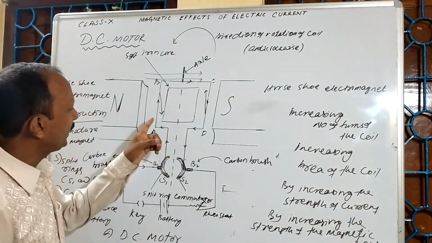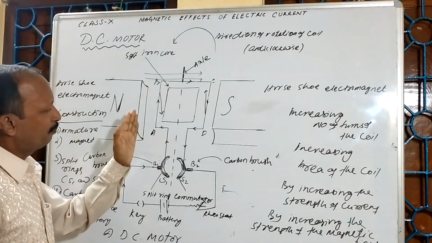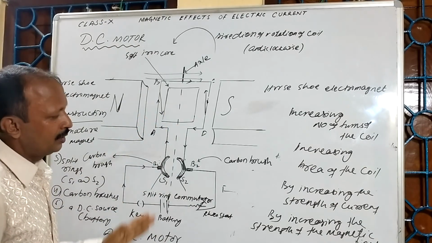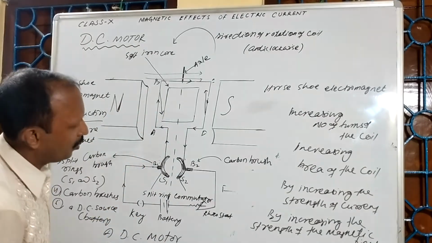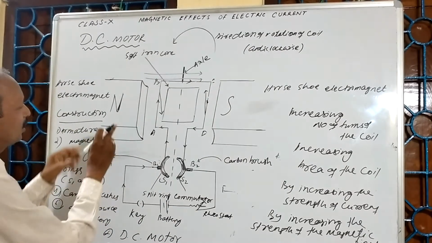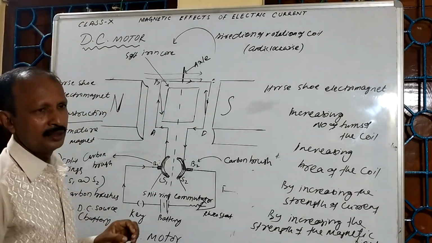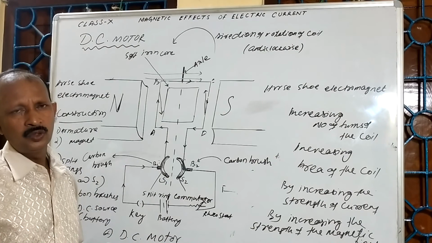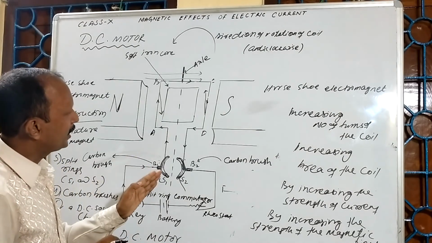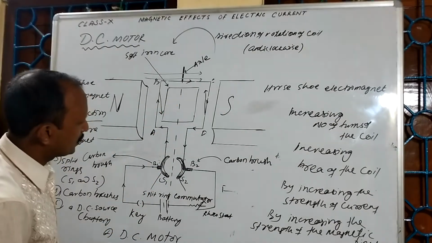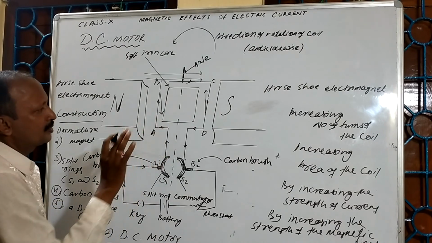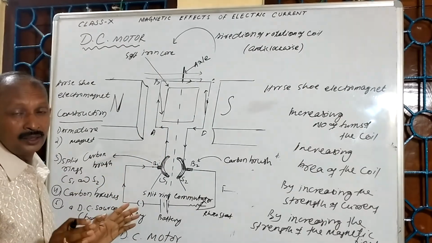So, by increasing the number of turns, by increasing the area of the coil, by increasing the strength of the current, or by increasing the strength of the magnet, we can increase the speed of rotation of this rectangular coil.